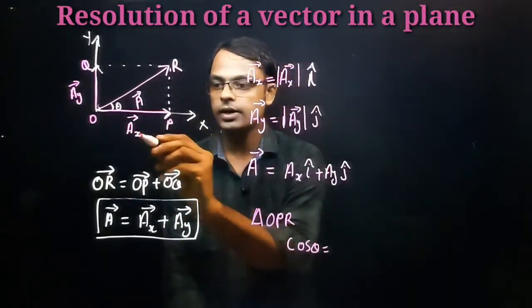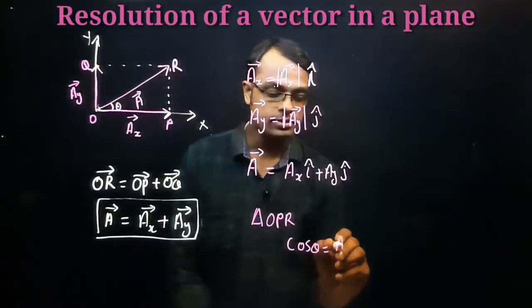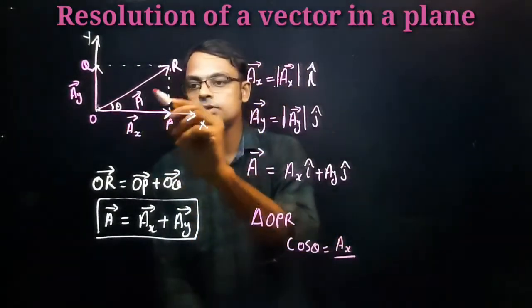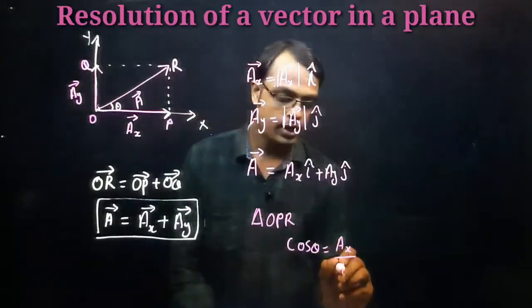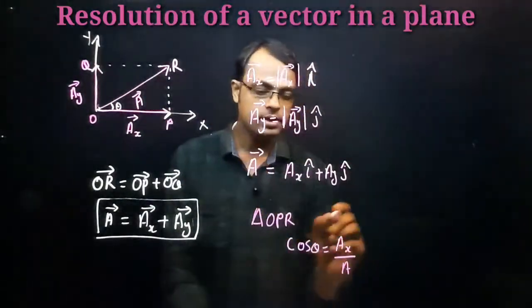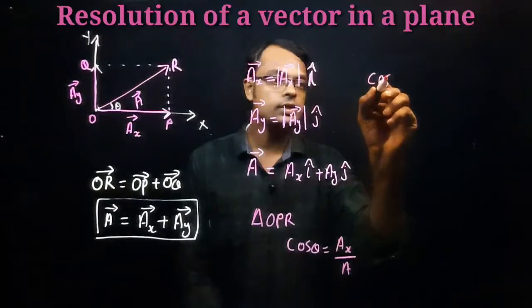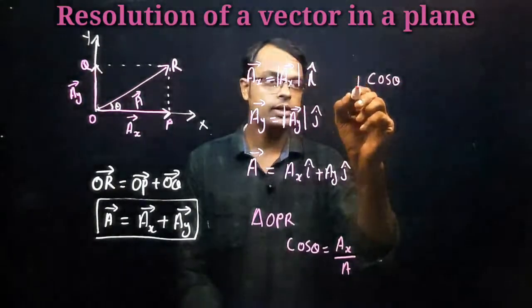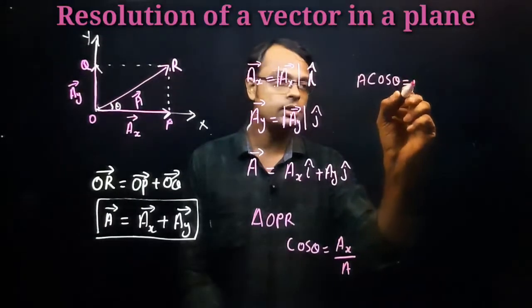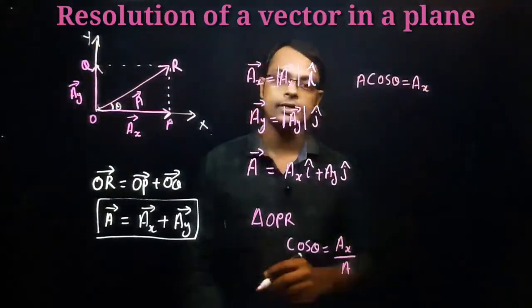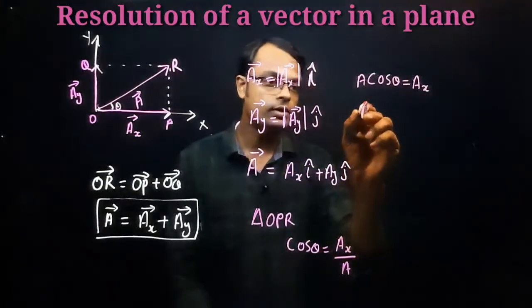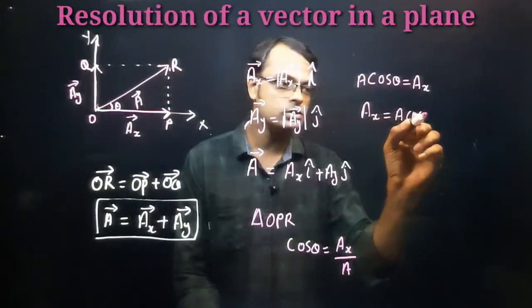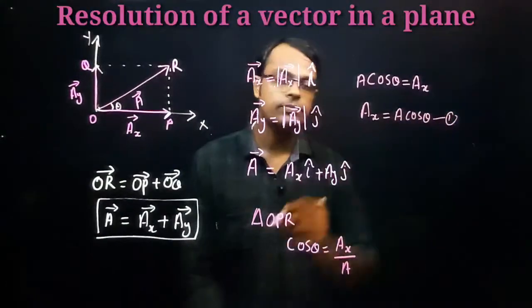The adjacent side is the magnitude A_X. So A_X divided by the hypotenuse, whose magnitude is A. So cos theta is equal to A_X by A. So A cos theta is equal to A_X. So you got A_X is equal to A cos theta. Say it as equation number 1.